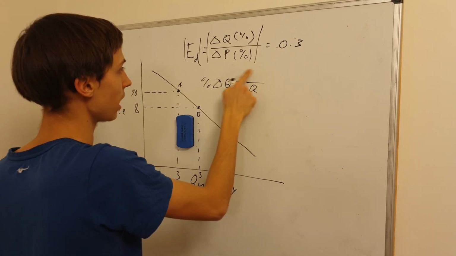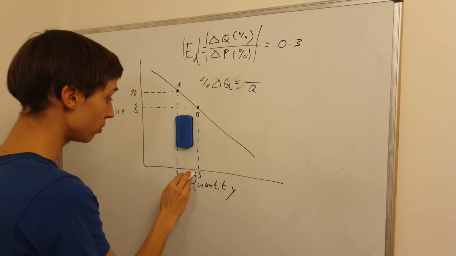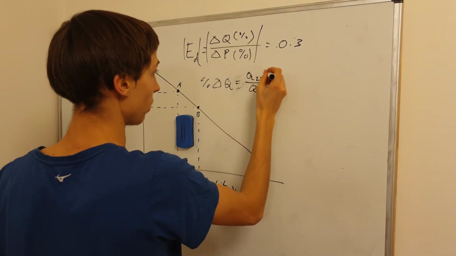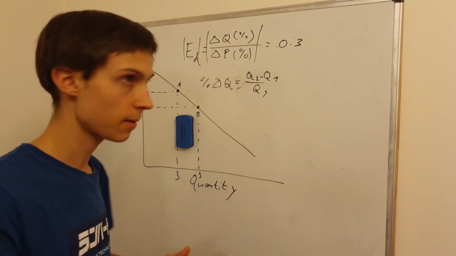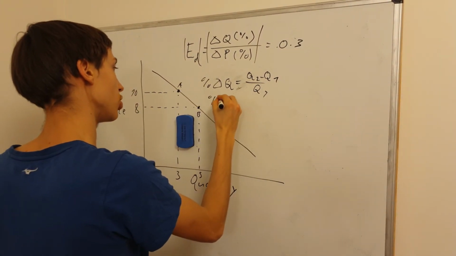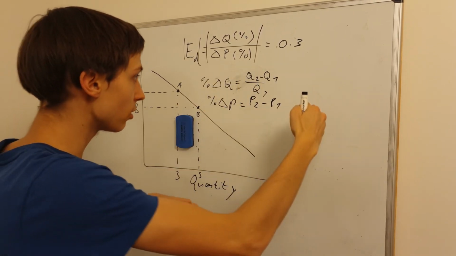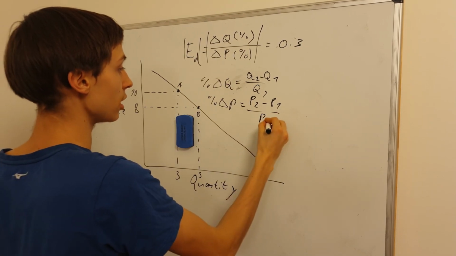the initial quantity. If we say quantity 1 and quantity 2, where quantity 2 is the new quantity and quantity 1 is the initial one, it's quantity 2 minus quantity 1 over quantity 1. And then the percentage change in price is P2 minus P1, where P2 is the final price at the second point and P1 is the price at the first point, over the initial price.